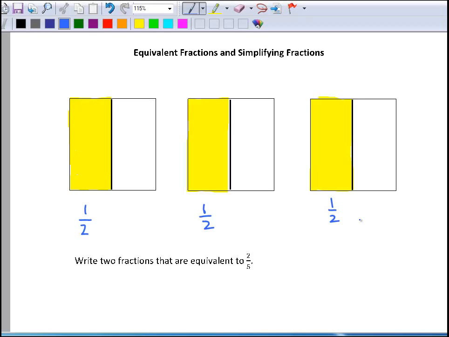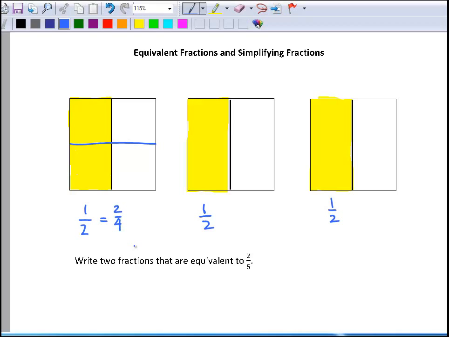For example, in this first rectangle, if I wanted to, I could add a horizontal line across this way, now breaking this shape up into 4 equal parts, in which case 2 of them are shaded yellow. So that yellow part hasn't changed, but we could write it in a different way as 2/4.